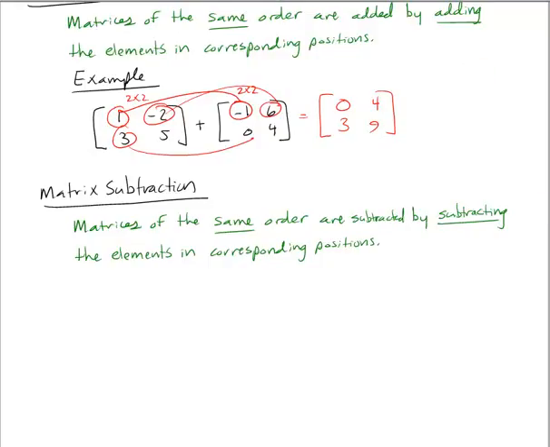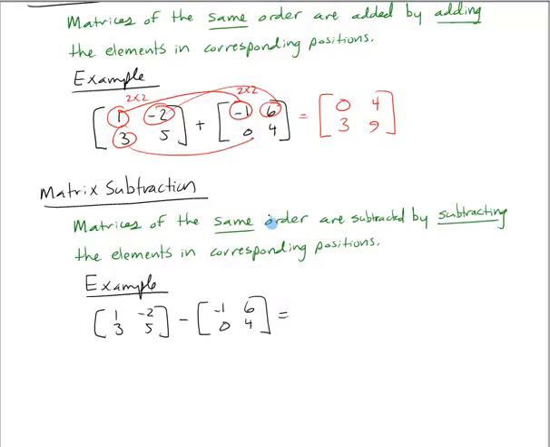So let's look at an example of subtracting matrices. For our first one, let's look at a familiar matrix, the same as above, but instead of addition we're going to be looking at subtraction here. Order matters when you subtract numbers and when you subtract matrices.